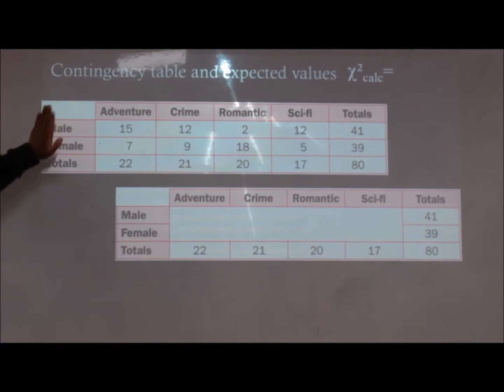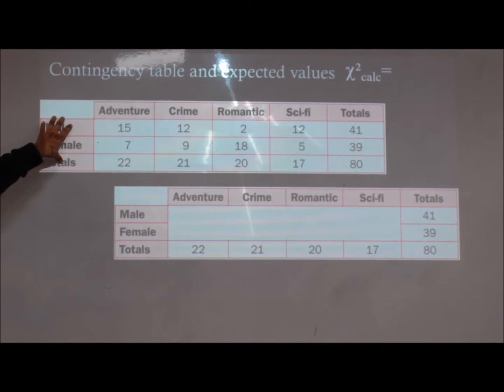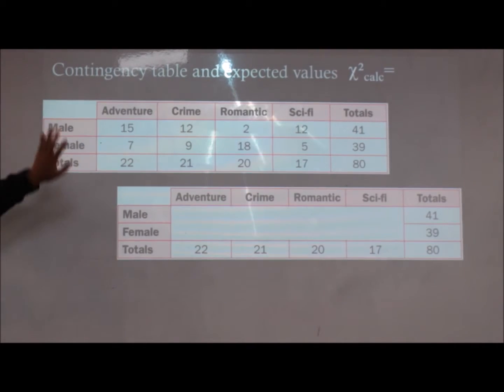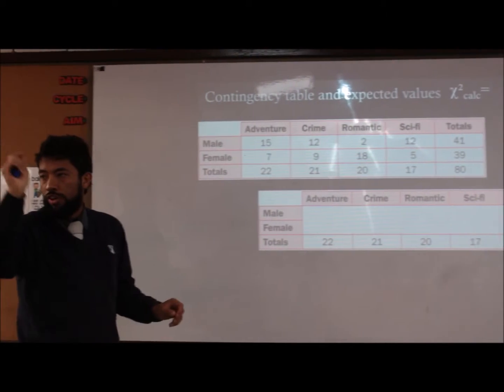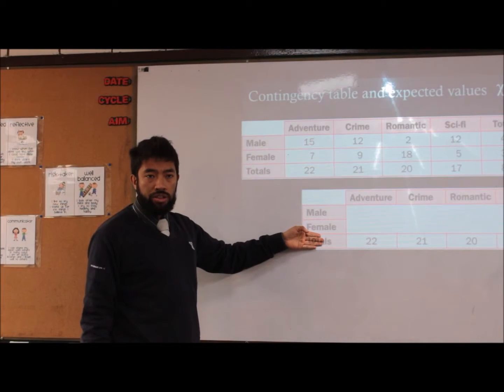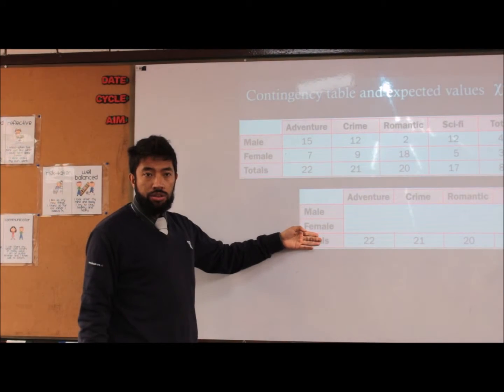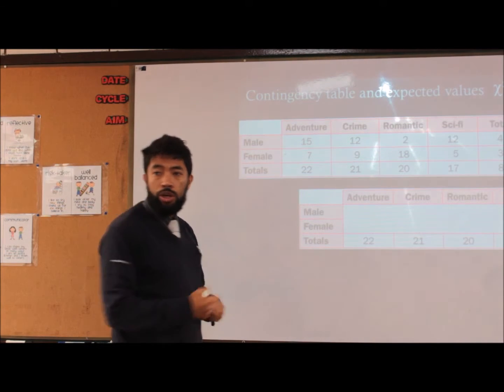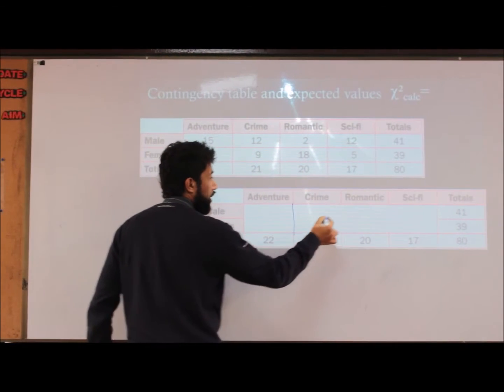Now we're going to continue seriously with the exercise table. This one is a contingency table, the kind of table that could be obtained by applying a survey, for example. This one will be the table of observed frequencies.